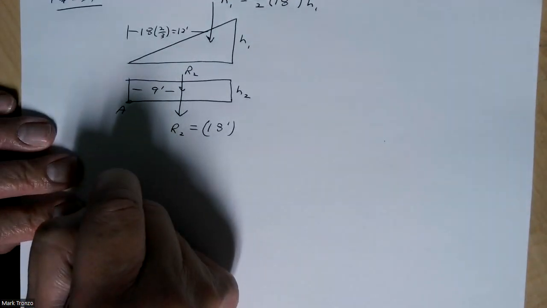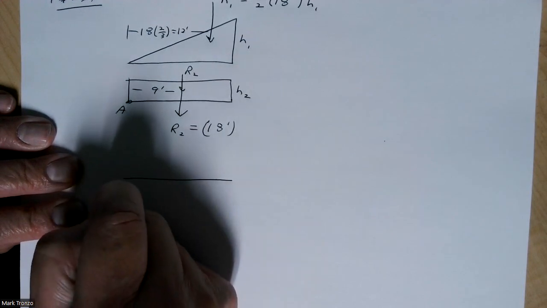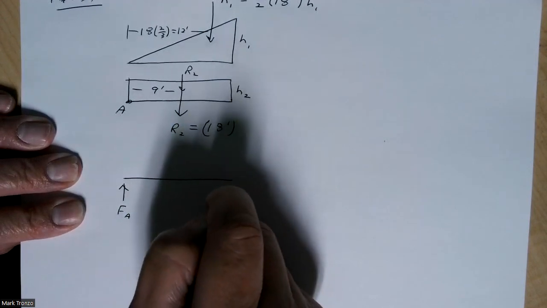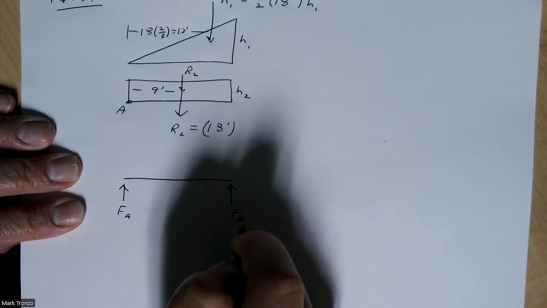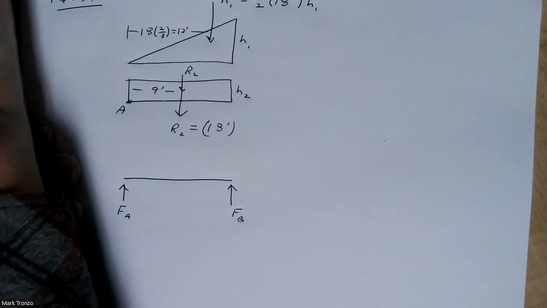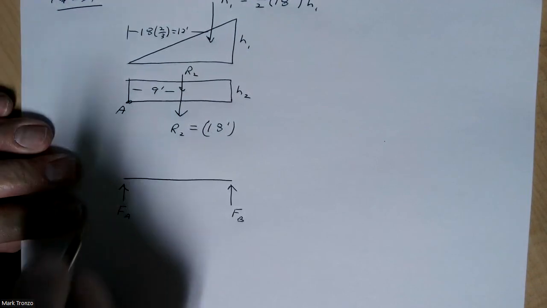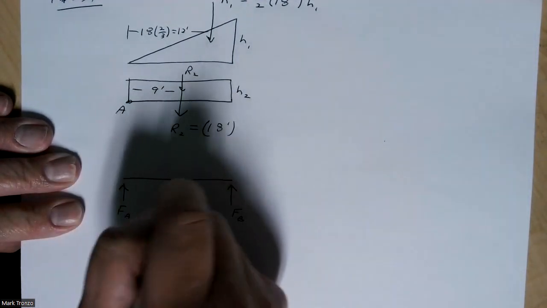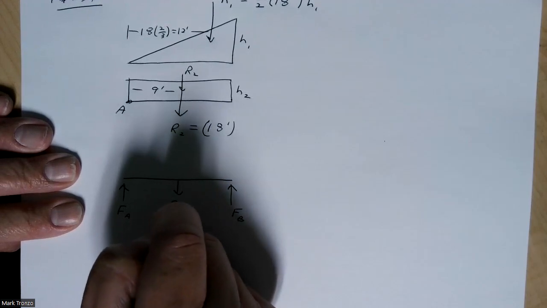So then if we look at the free body diagram, it'll be FA, FB. This is the free body diagram of the beam. And so you found a value R2 here.